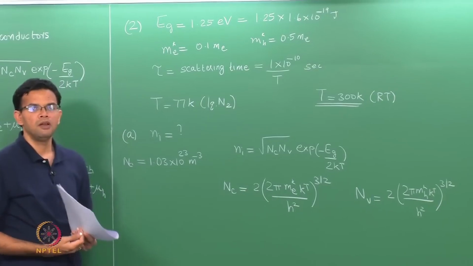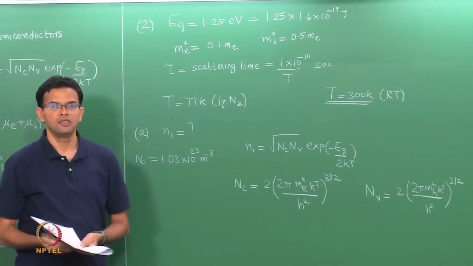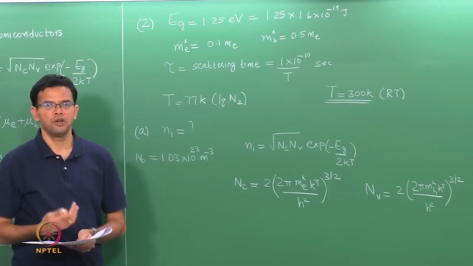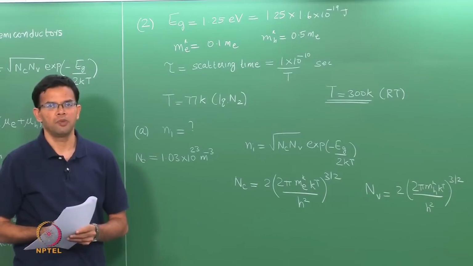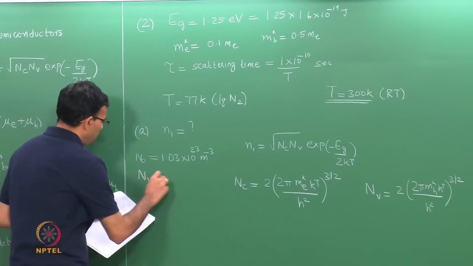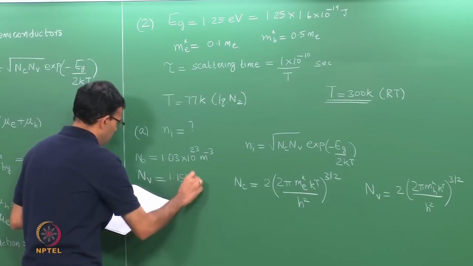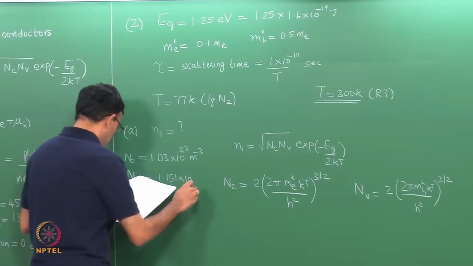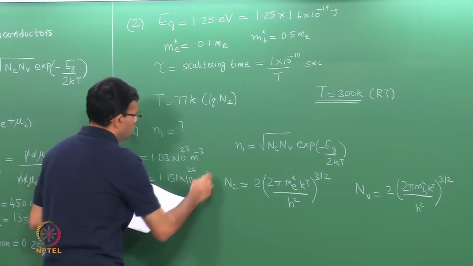If you remember, the definition of the effective density of states is the total number of states per unit volume that is available for the electron to occupy or the hole to occupy. Similarly, Nv is 1.151 times 10 to the 24 per meter cube.